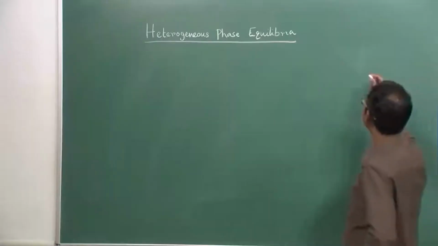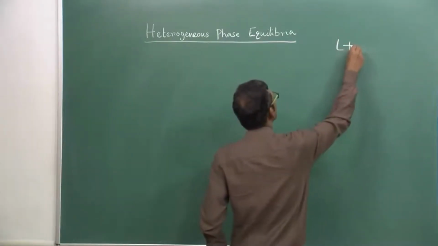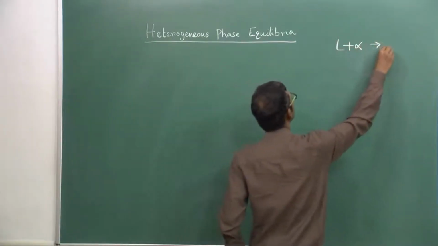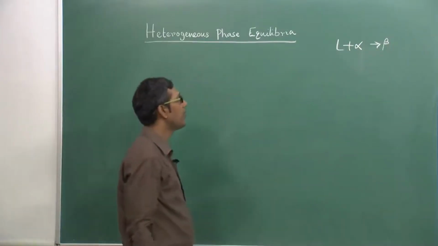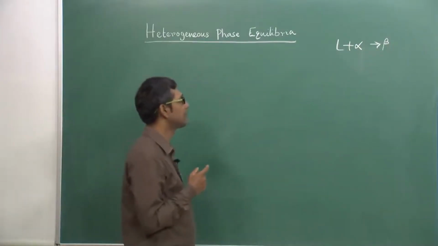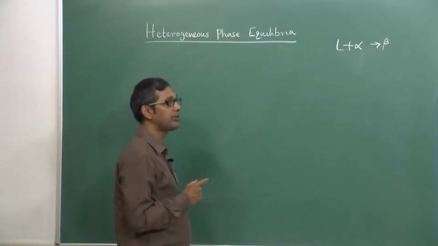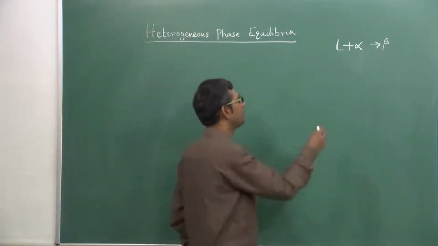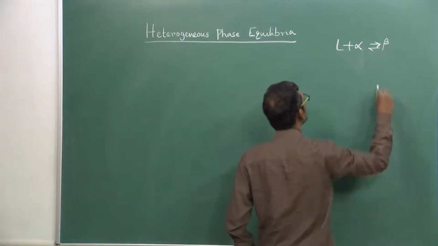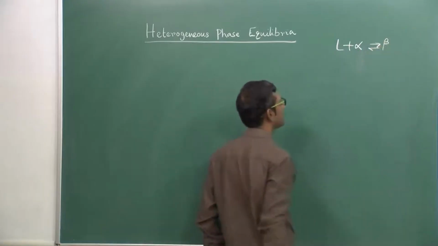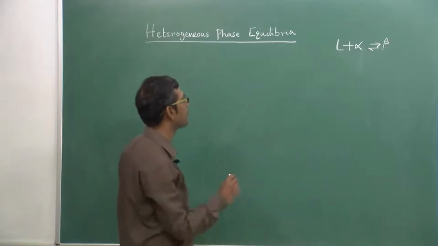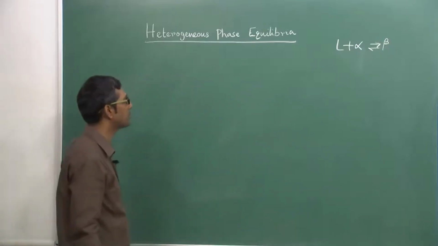As you know, the peritectic phase diagram is based on the reaction known as peritectic, where liquid reacts with another solid phase, here it is alpha, and produces another new solid phase called beta. This is a reversible type of reaction, so we always write it this way. But we are interested in the forward reaction, that is liquid plus alpha going to beta.